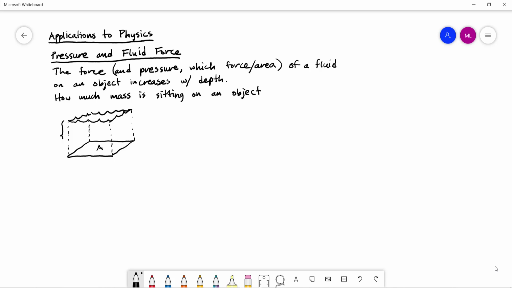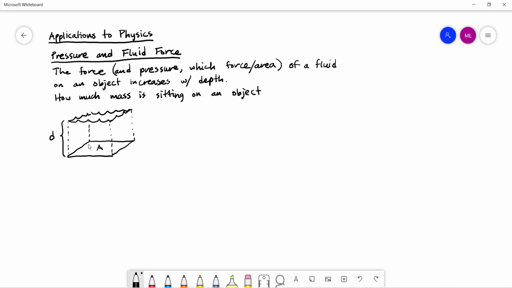Depending on how deep we go under the water, which is going to be this variable d here, we will have more and more water sitting on top, right? So if we preserve A as a constant area, but we increase depth, then the amount of water that's sitting on top of A obviously increases.